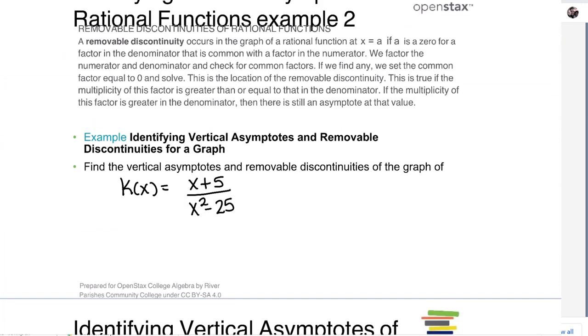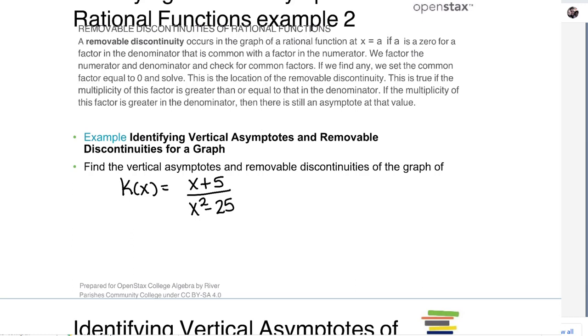Okay, so let's talk about removable discontinuities. A removable discontinuity occurs in the graph of a rational function at x equals a if a is a 0 for a factor in the denominator that is common with a factor in the numerator. So if we were to factor the top and bottom, and there was a factor in the bottom that canceled with a factor in the top, then you wouldn't find a vertical asymptote with that factor.